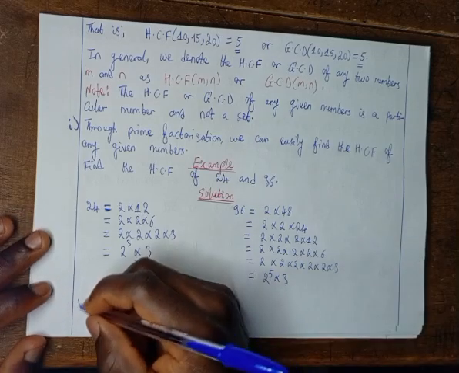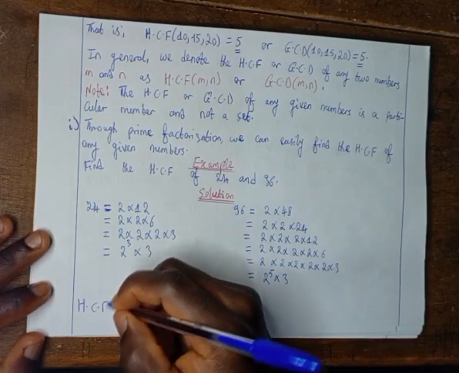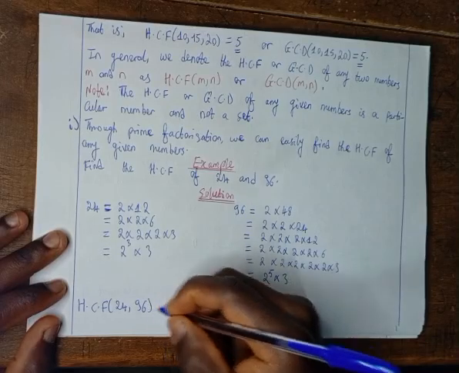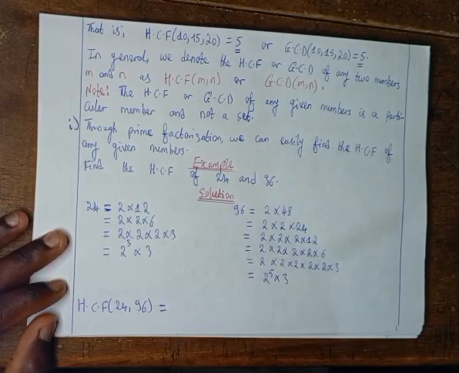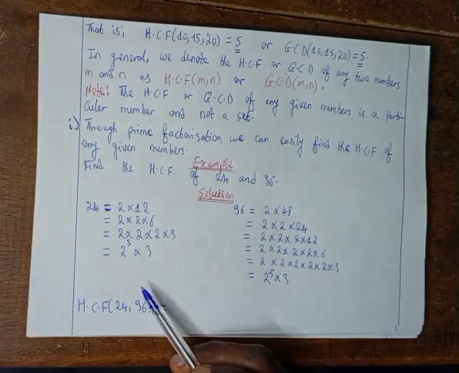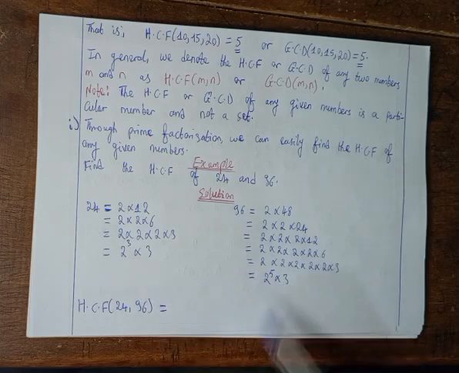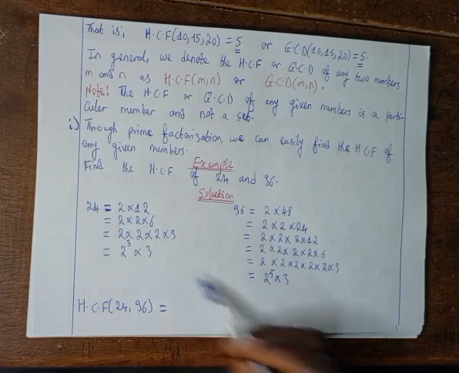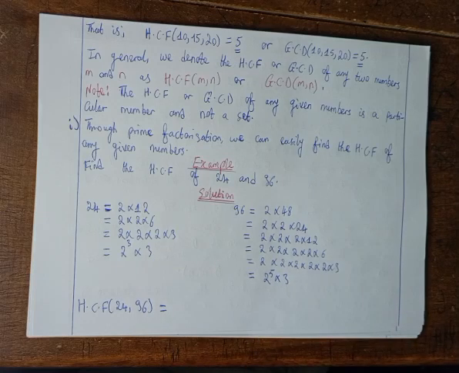Next thing now, for us to get the HCF of the numbers 24 and 96, we are going to look at the prime factorization of the two numbers. We are going to see that the prime factors 2 and 3 are common in the prime factorization of the two numbers.